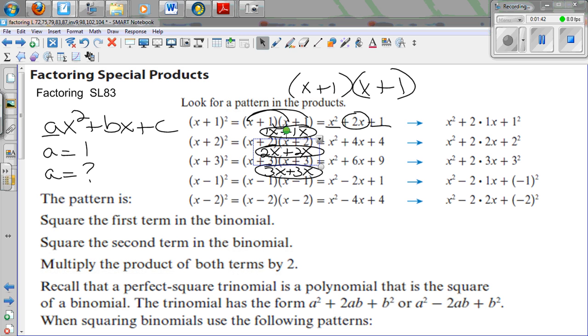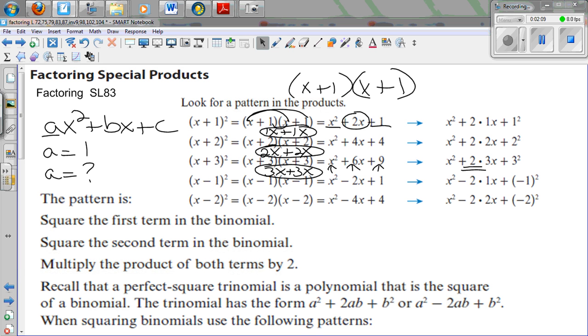And so you can see that this first x squared is the square of the first term. This is doubling the second term times the first term, which is 3x, and the last one is the square of the last term. So we're taking the first and last term, and multiplying them together to get that middle term.